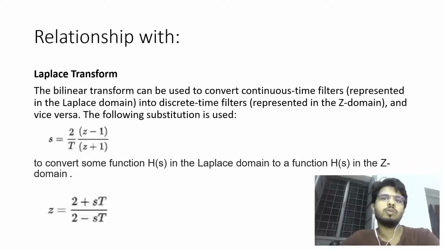We can also do the vice versa with what is shown here. We can substitute the value of Z with this expression over here, and we will get the continuous time expression for the signal.